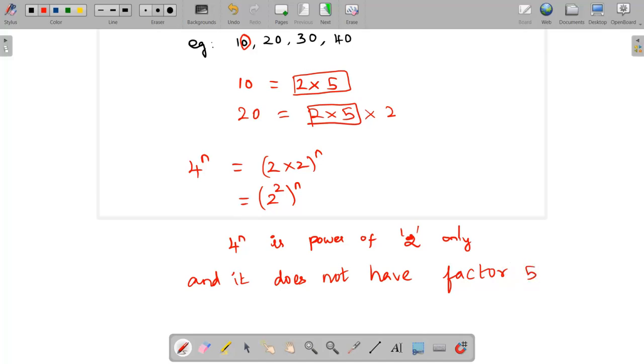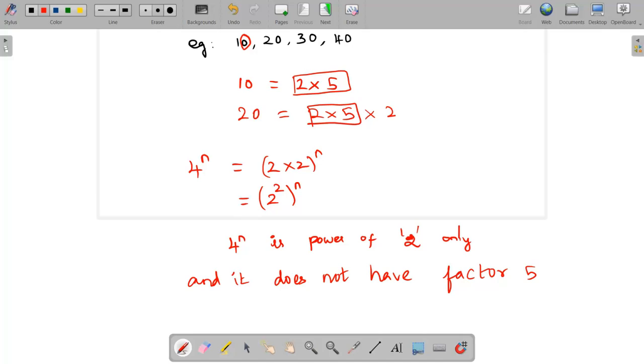So I can say that 4 power n cannot end with 0 for any natural number n. Why? Because I have only 2 here as a prime factor. I do not have any factor 5.